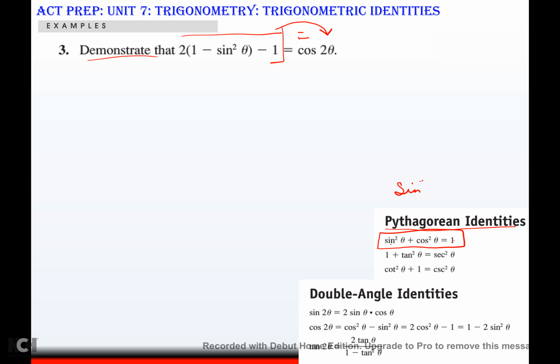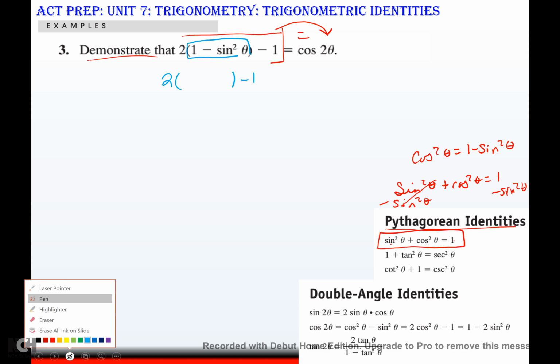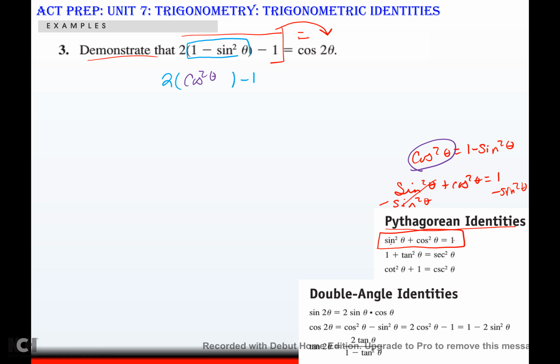If I take sine squared theta plus cosine squared theta equals 1, and I'm trying to get 1 minus sine squared, I can do that if I subtract sine squared off, and that gives me cosine squared theta equals 1 minus sine squared theta, which means I can replace this, not the 2, not the minus 1, but I can replace 1 minus sine squared with cosine squared theta.